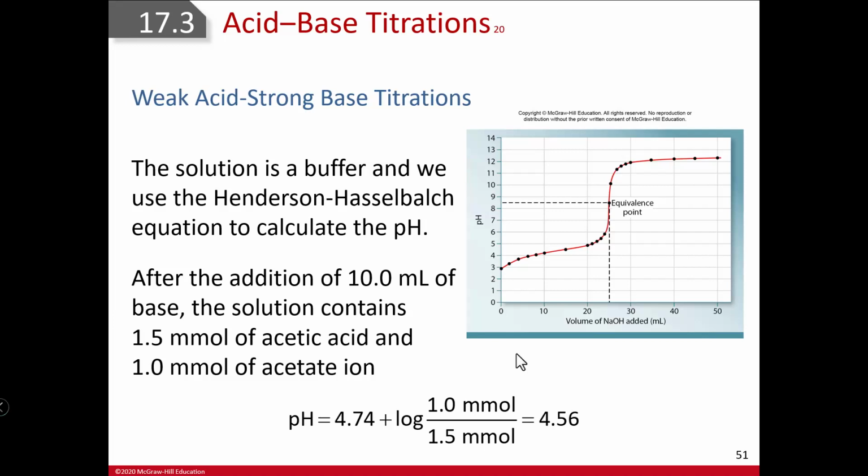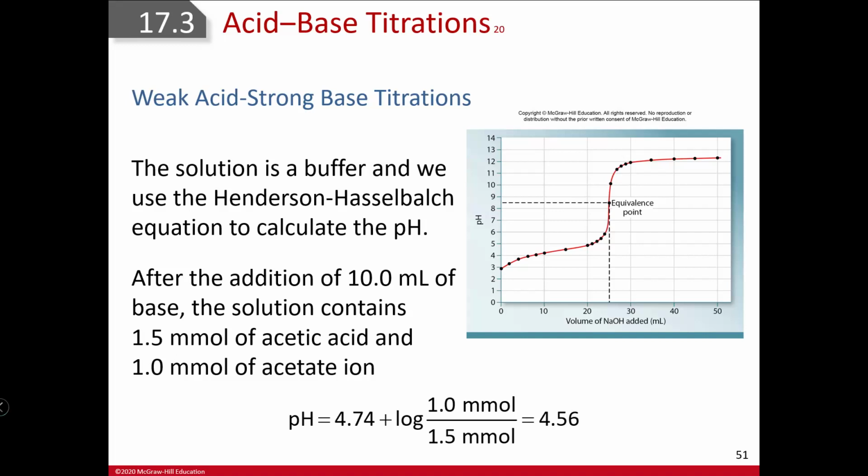All right, so this says the solution is a buffer, and we use the Henderson-Hasselbalch equation to calculate the pH. After the addition of 10 milliliters of base, the solution contains 1.5 millimoles of acetic acid and 1 millimole of acetate ion. Okay?